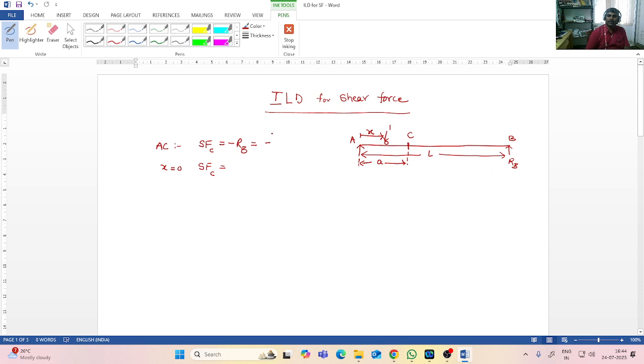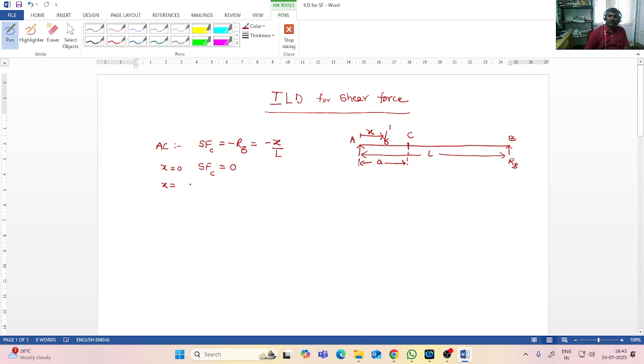So it will be x by L. You may go through the previous video lectures for how you write x by L for the reaction at B. So now if you substitute x is 0 here, shear force at C will become 0.